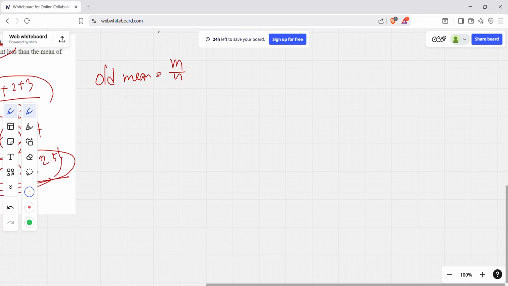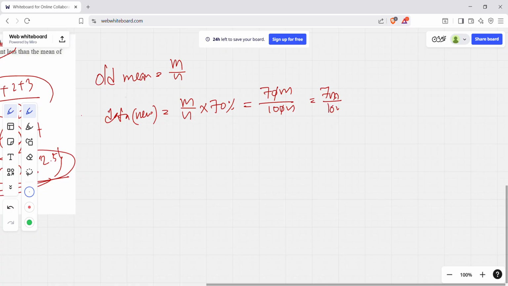Now you have to find the 70% of the new data, which is m by n times 70%, which will eventually give you 70m divided by 100n. Cross out, it will give you 7m divided by 10n. Okay, so this is your new data.